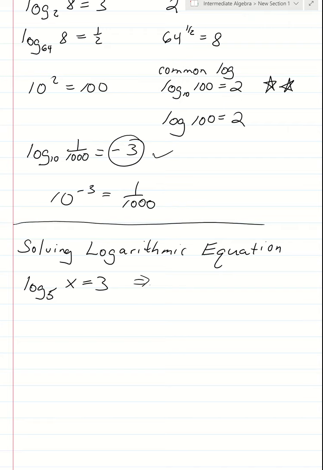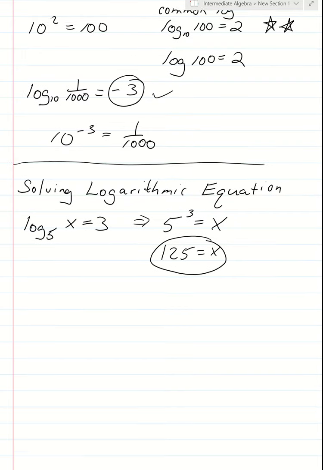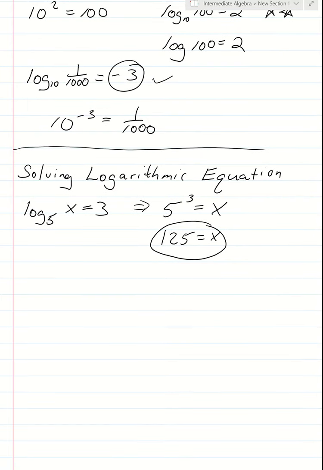So we're going to rewrite this as 5 to the 3rd power equals x. And now this becomes relatively easy because 5 to the 3rd power is simply 125. And that would be your solution for x. Okay, that one wasn't too bad. Let's try one that's a little bit more complicated.